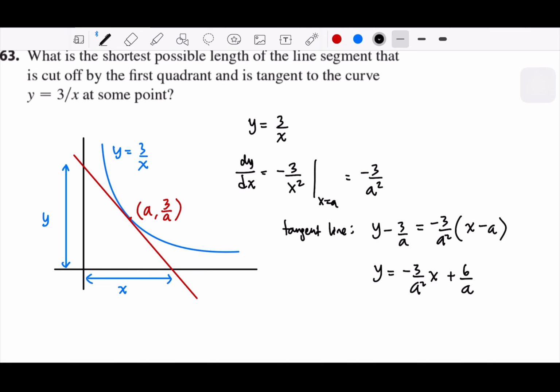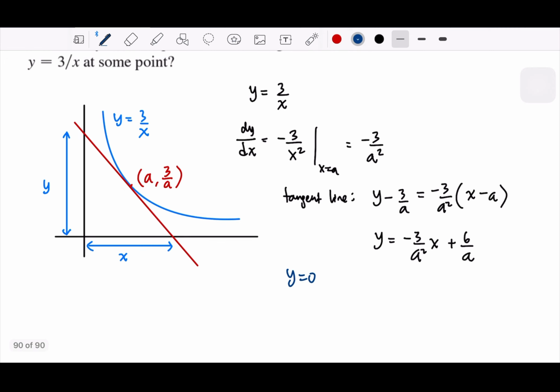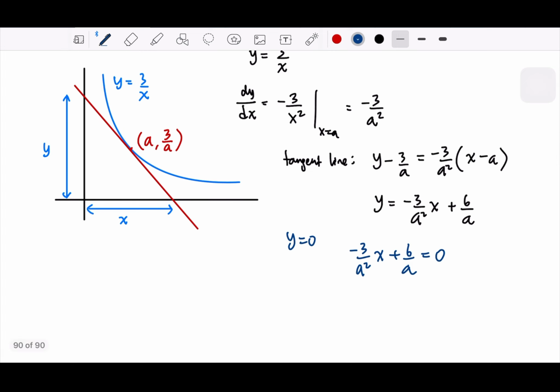And then from these line equations, we can get our y and x, right? We can take y equals 0 and x equals 0 to check the intercepts. So let me check. When y equals 0, negative 3 over a squared times x plus 6 over a is equal to 0.